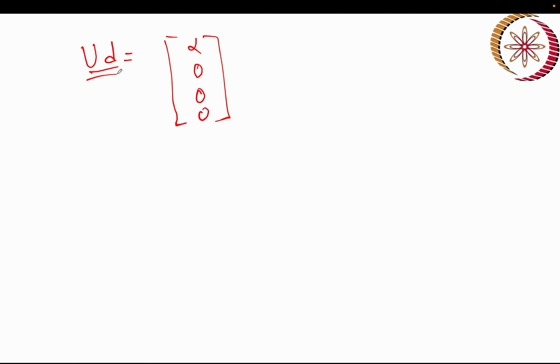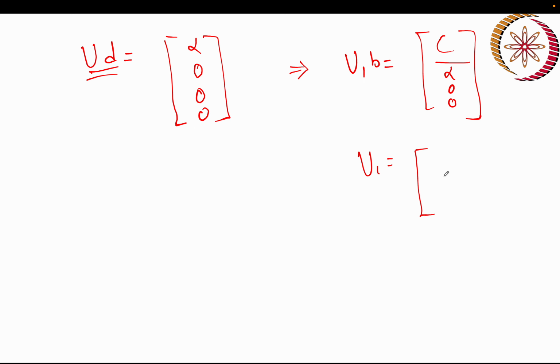So overall, this we mentioned as U1, so U1 times B will give C, and D is the lower part, which will be alpha 0 0. And this U1 we are considering as identity, 0, 0, U. Now we will see how to find the terms that are involved in the U.